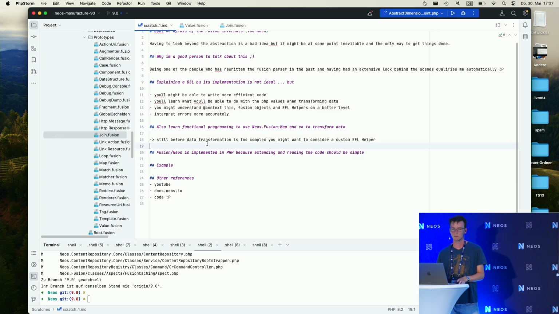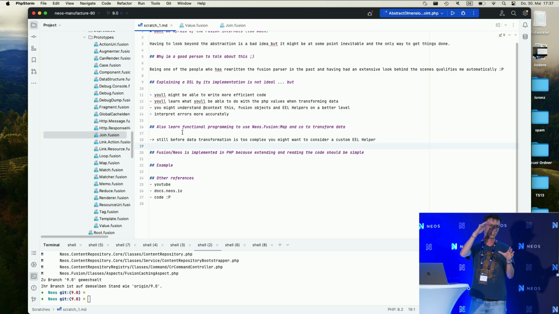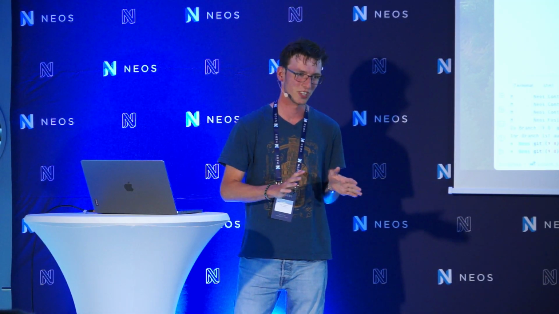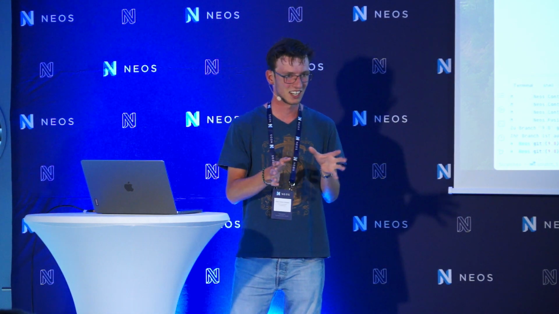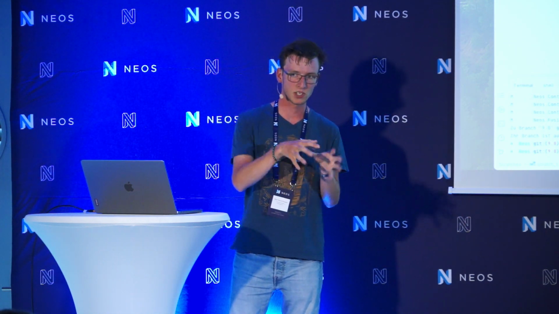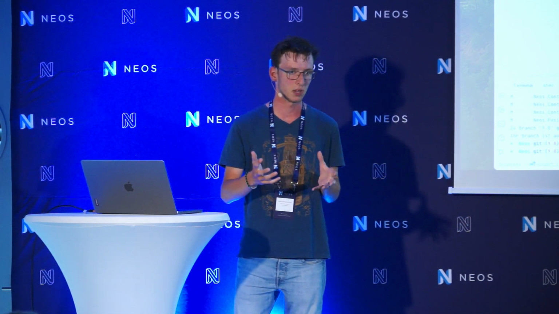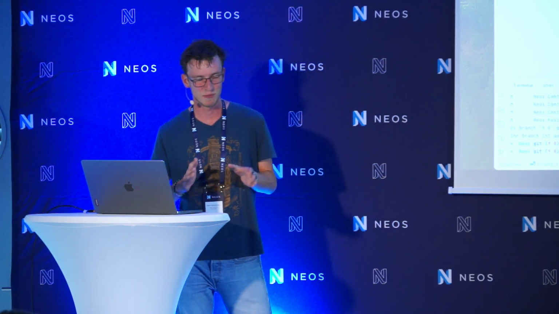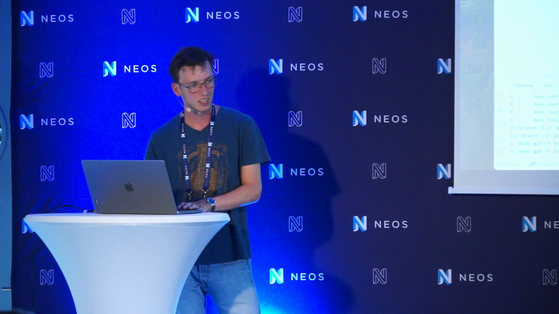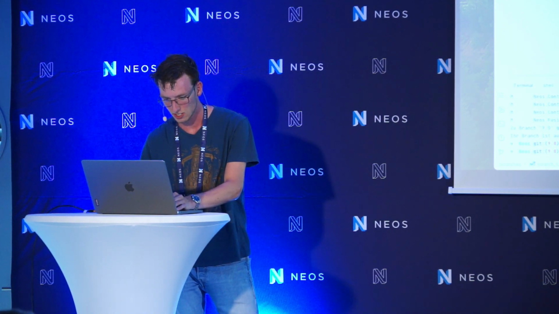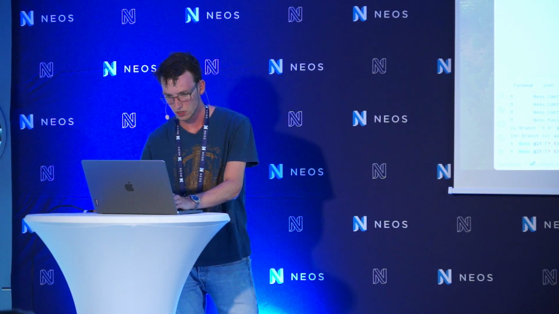And sometimes even data transformation gets a little too complex, and you will see a multi-line EEL statement, and at that point it might be worth considering using an EEL helper, even though it's not so nice, because it encapsulates this array in PHP where you have proper linting, and you can be safe that you won't screw it up too much. So now I just want to show you a quick example of the Fusion value.